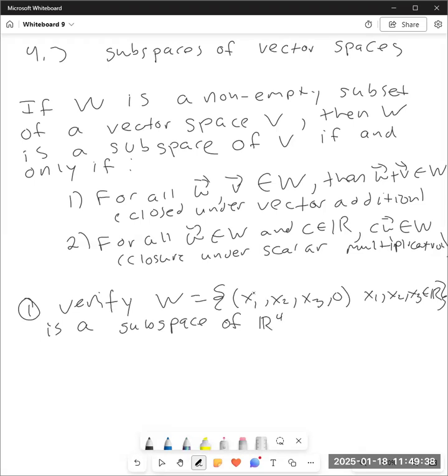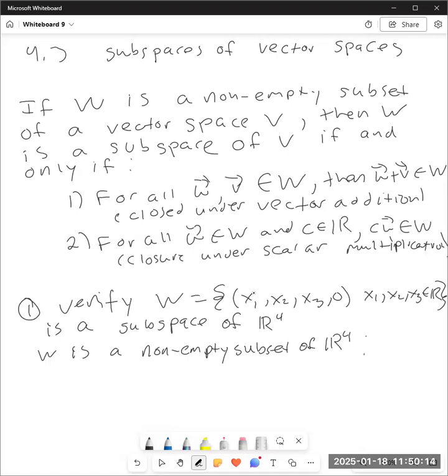So we would need to first say W is a non-empty subset of R4. It contains at least one vector. I can see the 0 vector right off the top of my head. 0, 0, 0, 0 is in W, so it's non-empty.